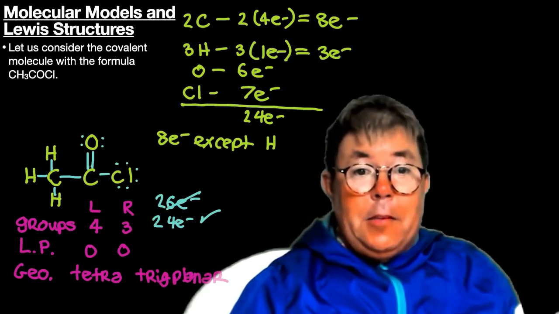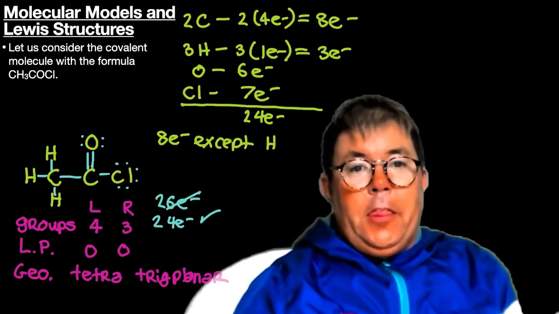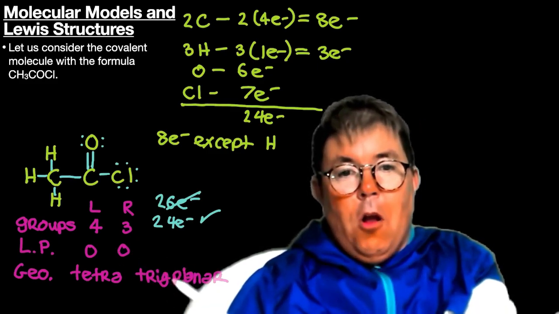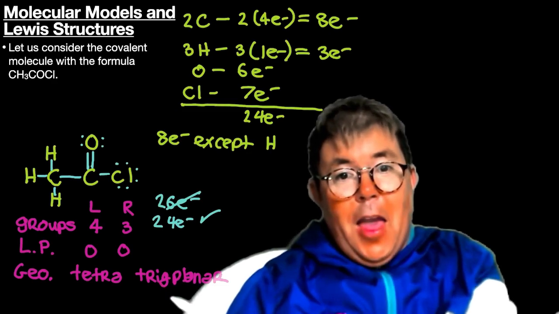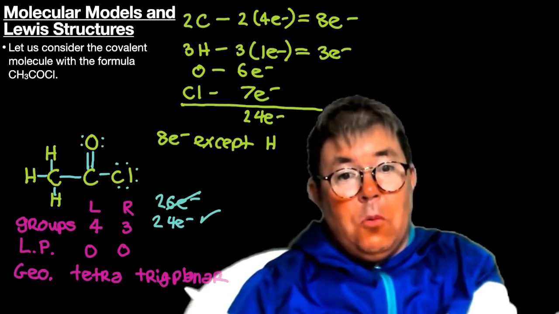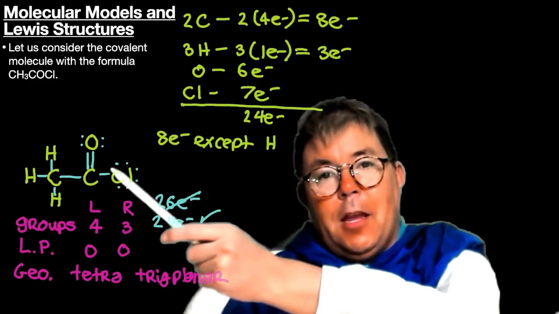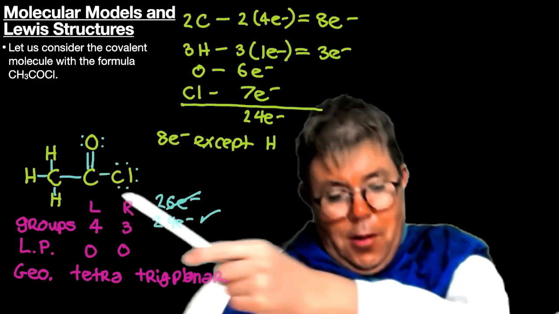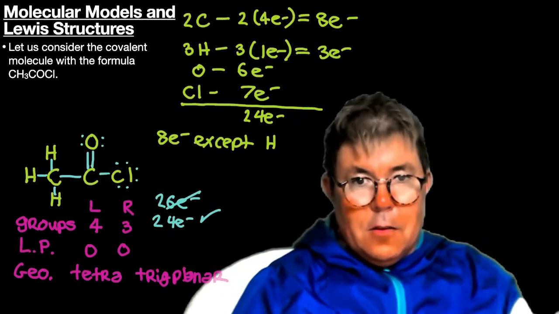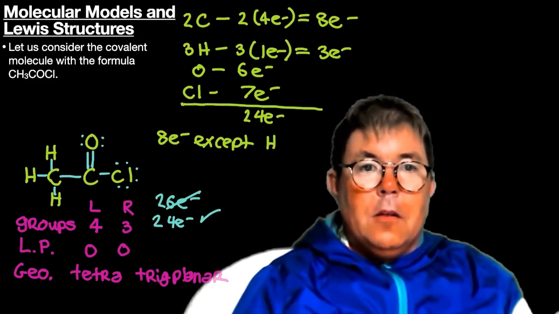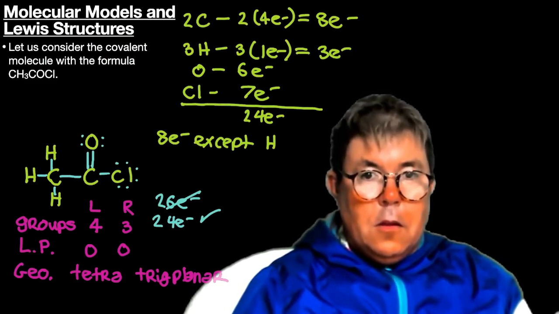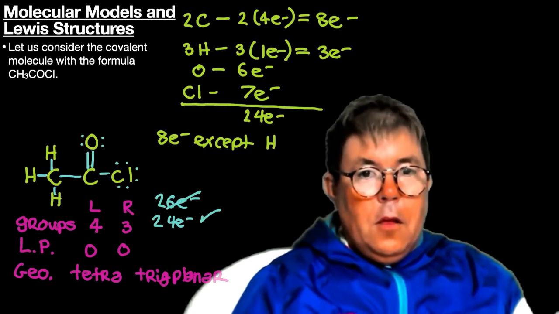Hopefully that makes sense. When dealing with trigonal planar, we have to write trig and we have to write the word planar because it contains a double bond and is flat.